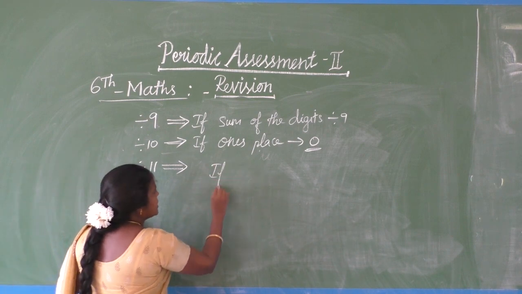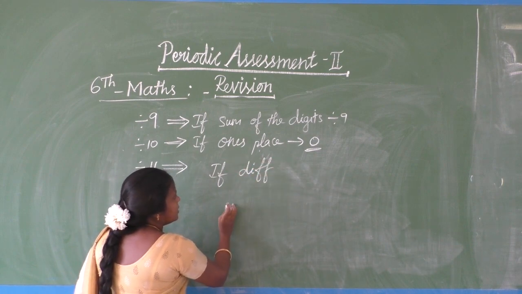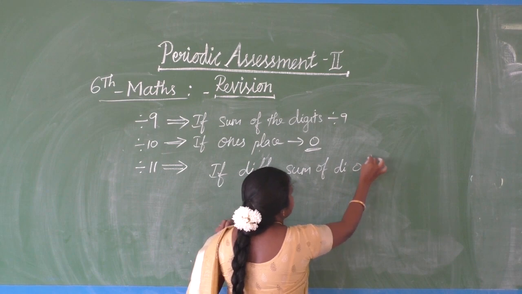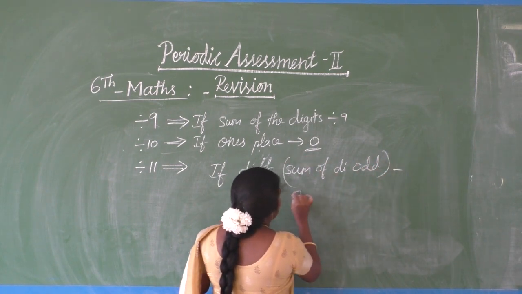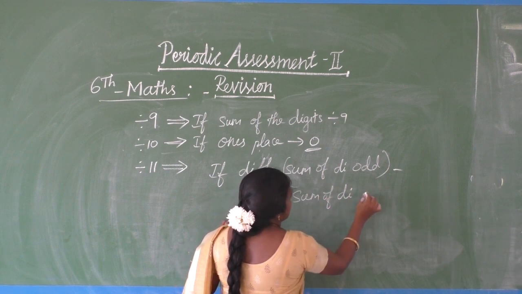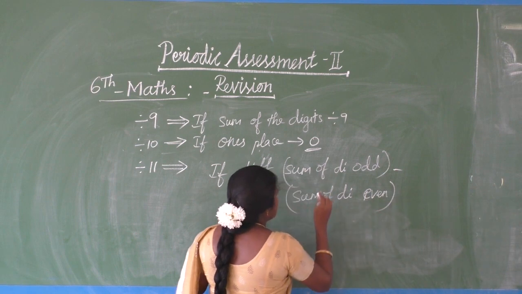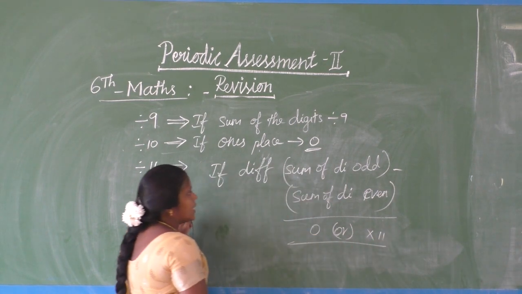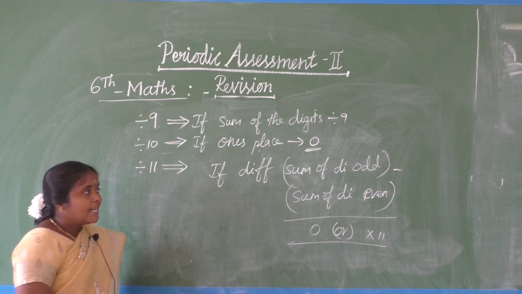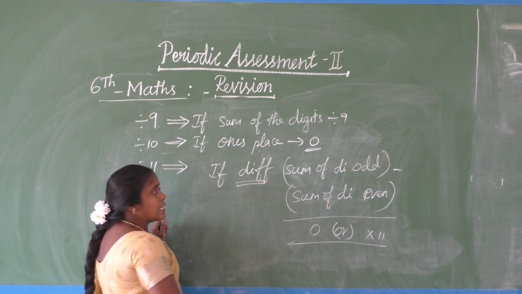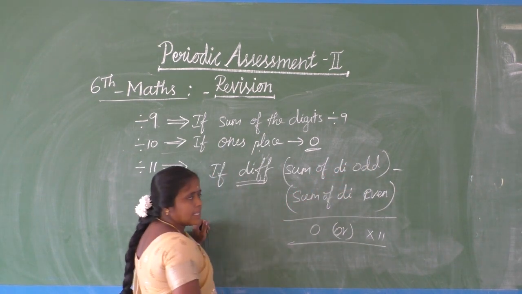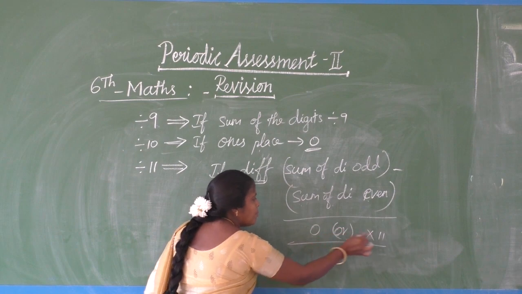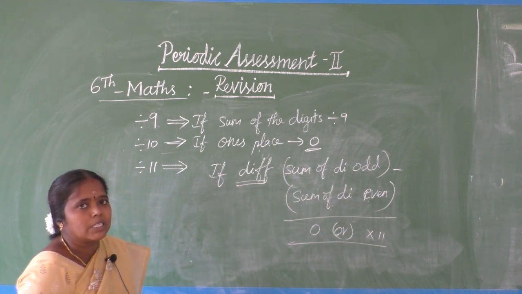If the difference between the sum of the digits at odd places and the sum of the digits at even places is either 0 or a multiple of 11, that means that number is divisible by 11. What I am telling? The difference between the sum of the digits at odd places and the sum of the digits at even places is either 0 or multiples of 11, then that number is divisible by 11.